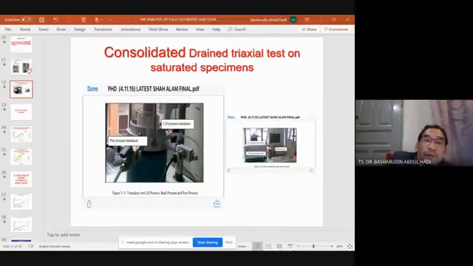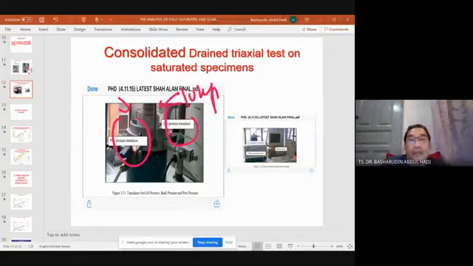Then we control the cell pressure and pore pressure to make sure our soil is in the condition at depth. For 1 meter, we multiply by 9.81, which we round to 10. So for 1 meter of soil, the cell pressure given to the soil sample is 10 kPa.